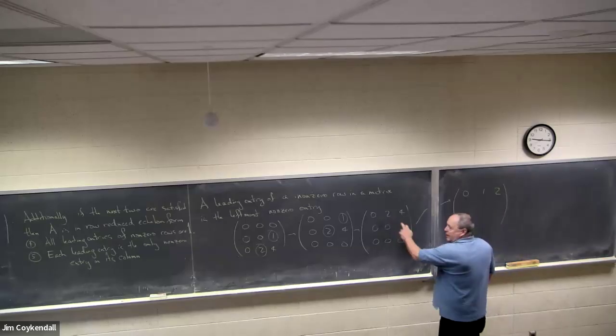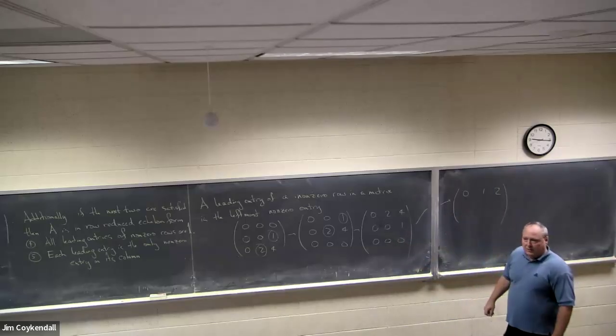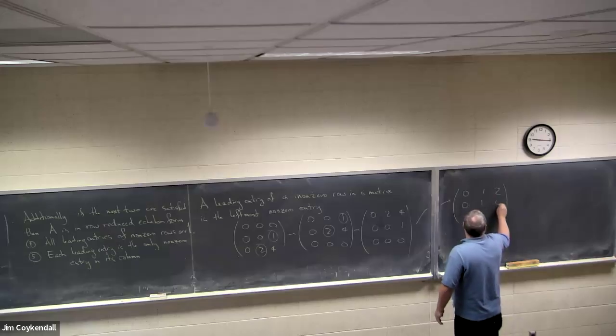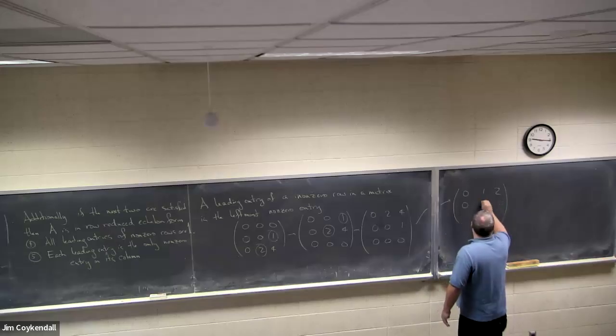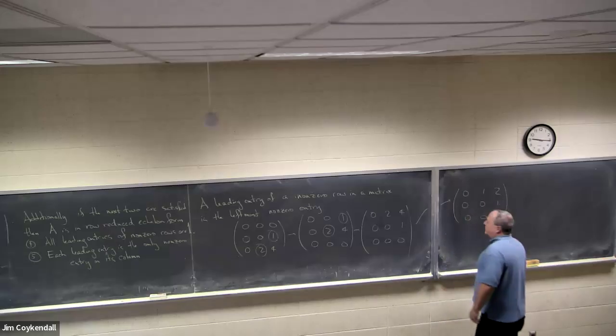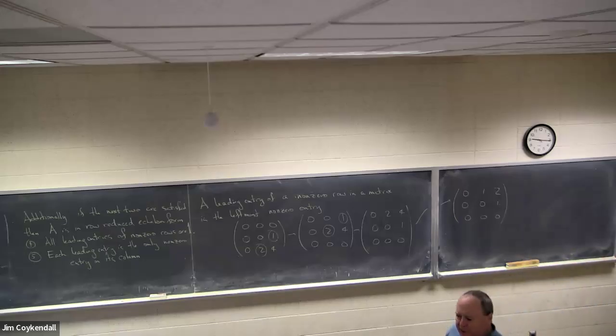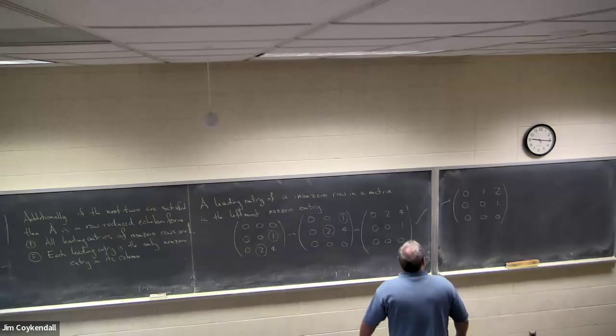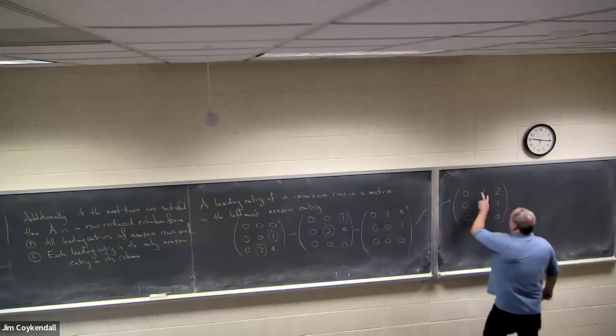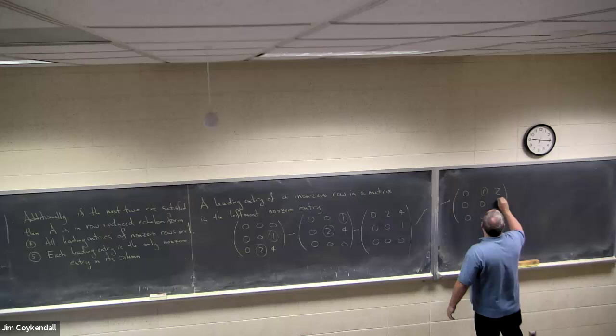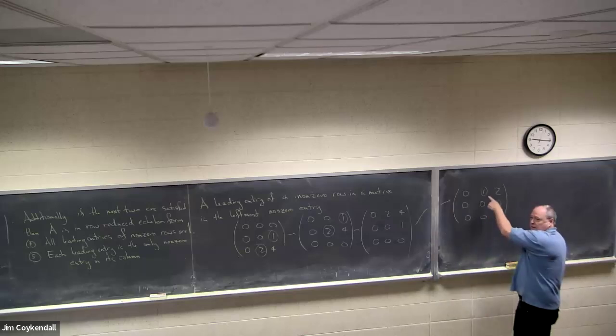I can multiply the top row by 1/2. 1/2 is not 0, so I can do that. All right. Now I'm almost there because all my leading entries are now 1. But I've got to have all the other entries in the column of every leading entry be 0. I'm good to go here.